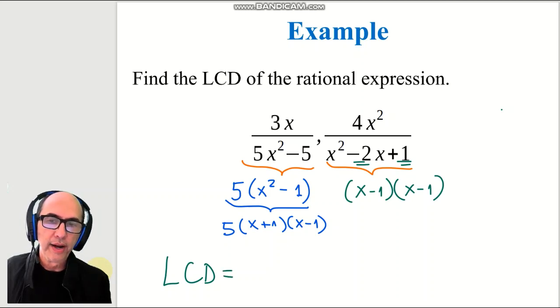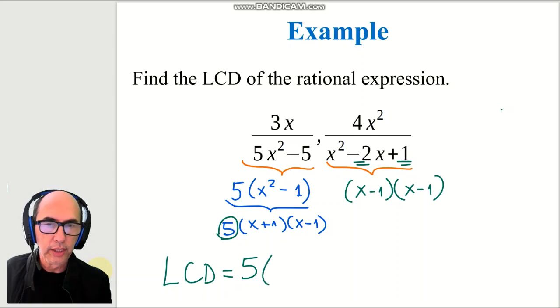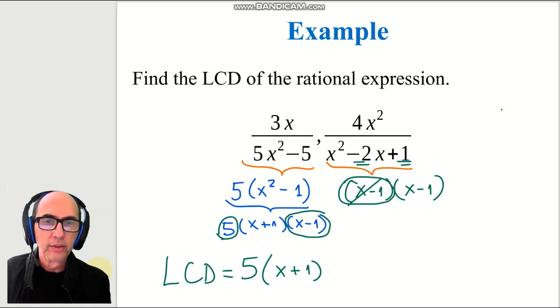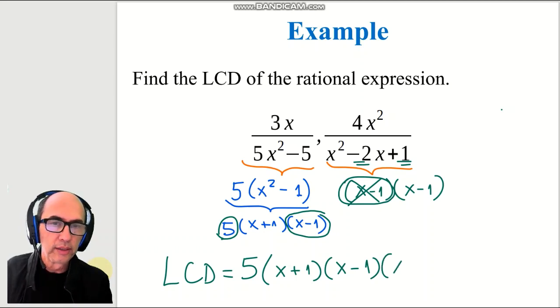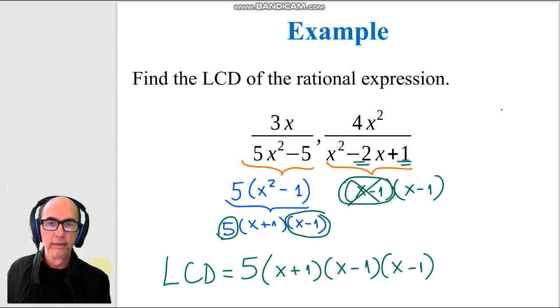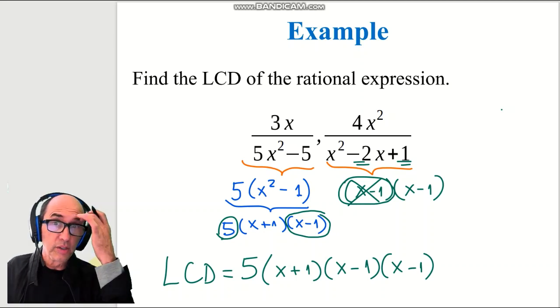Well, 5 is a unique factor. x plus 1 is not repeated, so yes, it is a unique factor. x minus 1 is repeated, so you're going to use just 1. And we're going to have another x minus 1 that's also unique. Okay, this is the least common denominator.